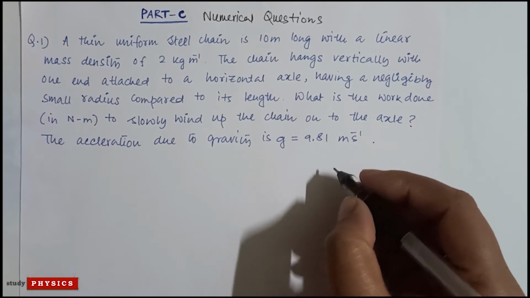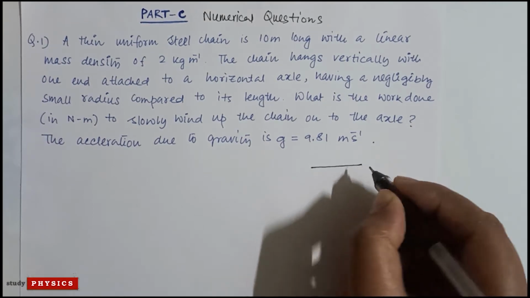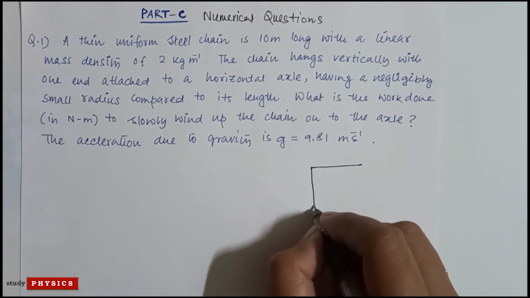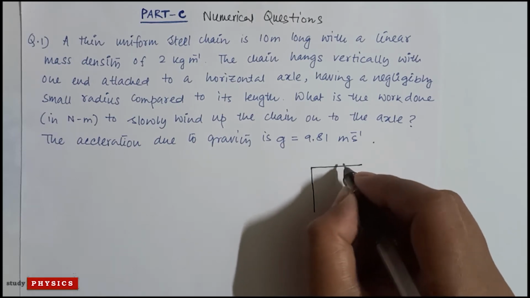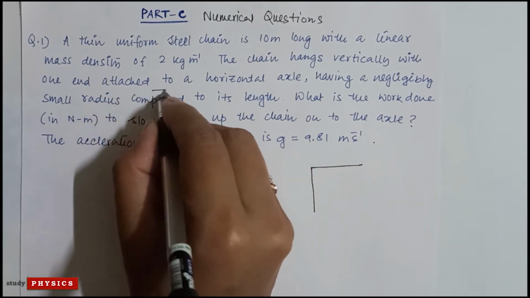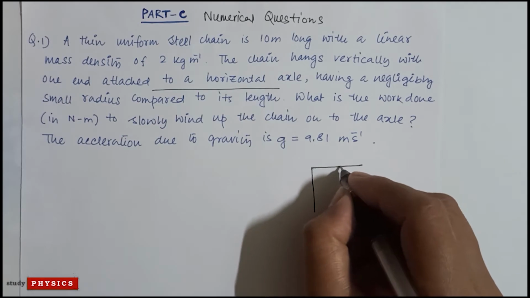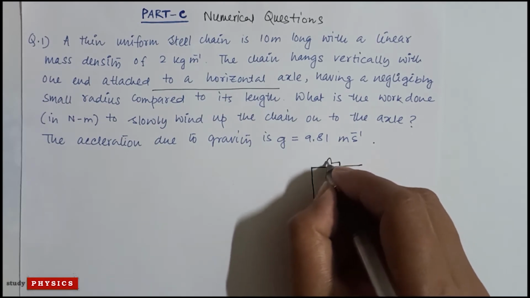So let's draw the figure. If this is a horizontal axle, then one end is attached to the horizontal axle.